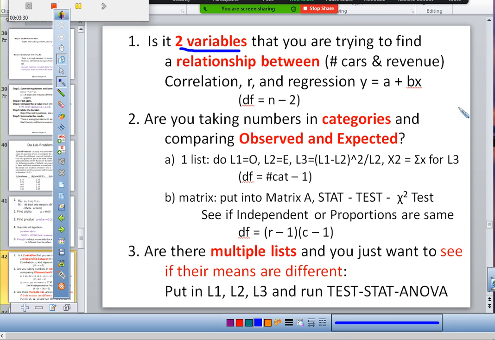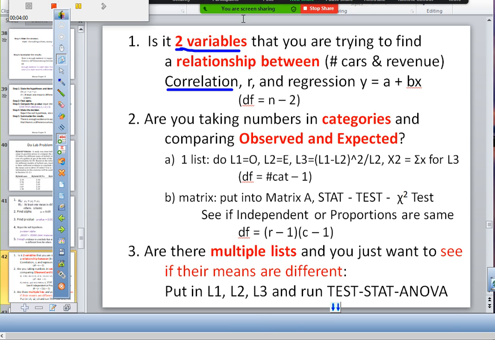So you can either have 1 variable or you can have 2 variables. So if it's 2 variables and we're trying to look at a correlation, and the variables don't have categories. 2 variables, no categories. So in other words, 2 variables where the answers to those variables are numbers.